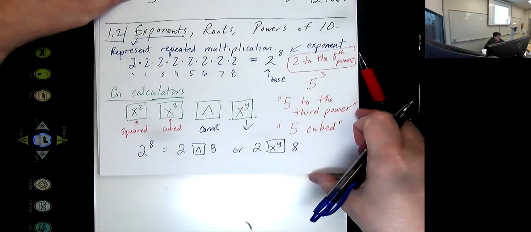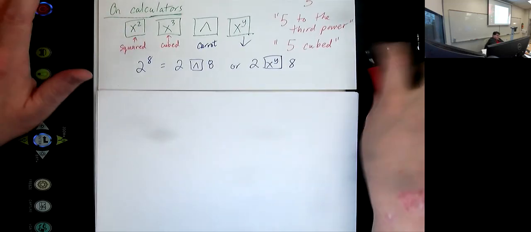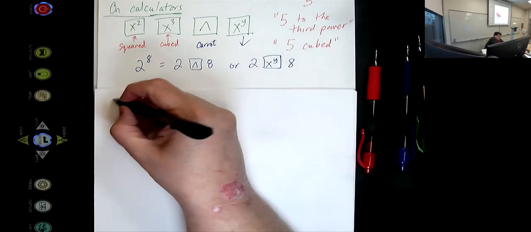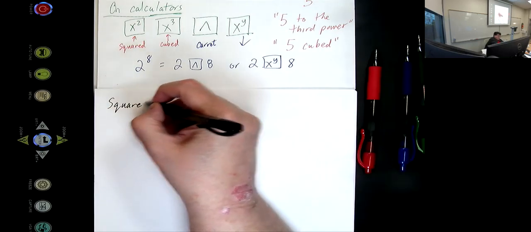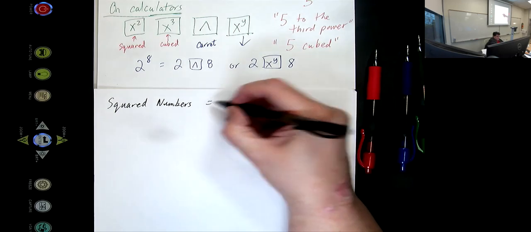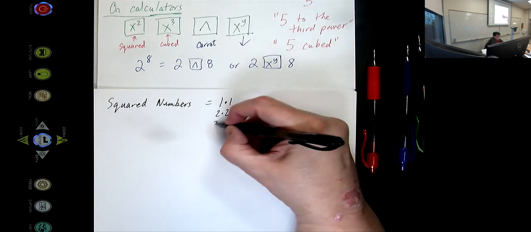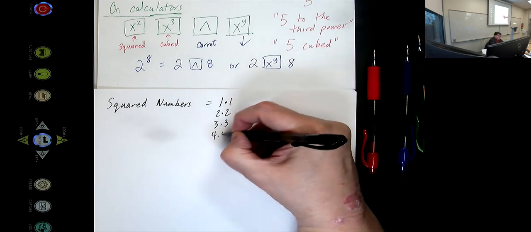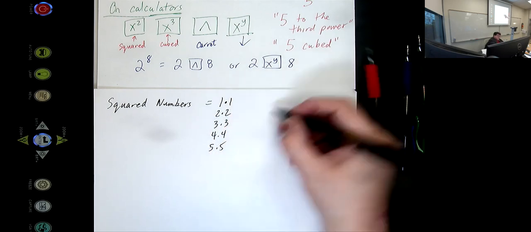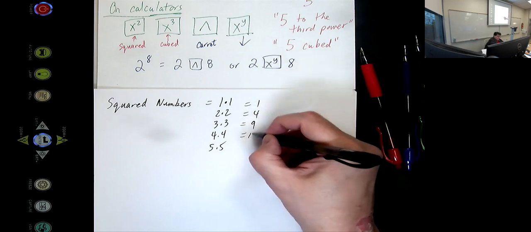So let's drop back down to the lowest exponent, the square. Squared numbers are when we just have the number times itself. That's 1, 4, 9, 16, 25.